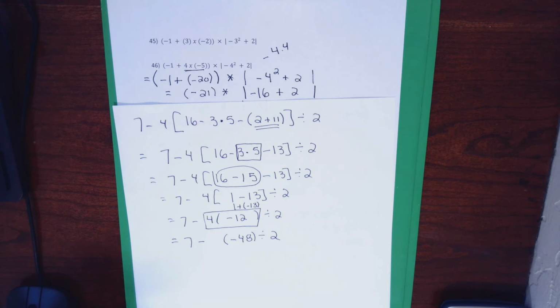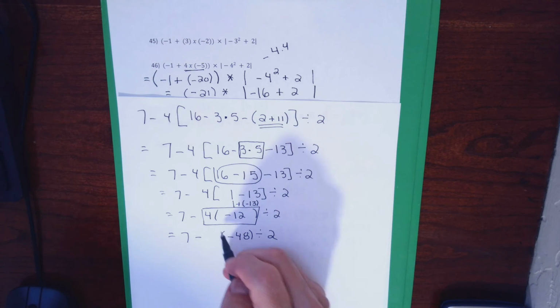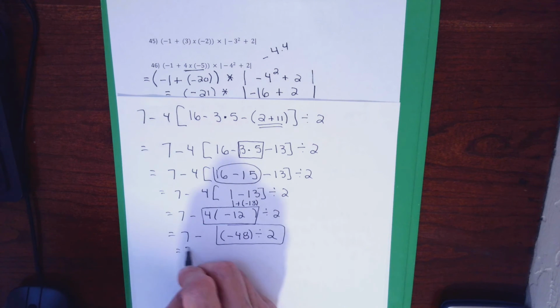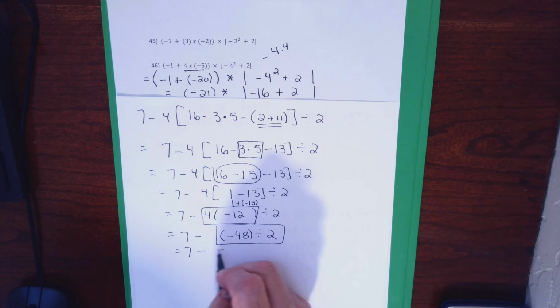I'm almost guaranteed when I peek at my answer that it's not going to be correct right now, because I probably pressed buttons wrong on my calculator. Next step is to do this division. I'm going to bring down the 7 and the minus. 48 divided by 2 would be 24. Positive divided by negative would be a negative.